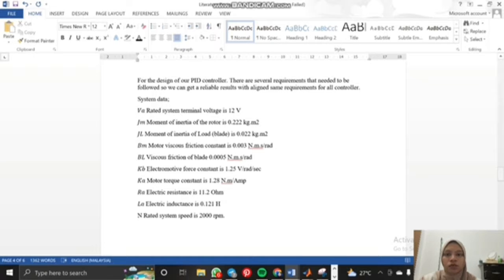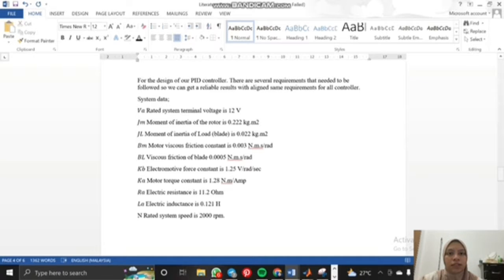The electromotive force constant is 1.25 volt per second per rad, and the motor torque constant is 1.28 Newton per ampere. Electric resistance is 11.2 ohm, electric inductance is 0.12 Henry, and the rated system speed is 2000 RPM.